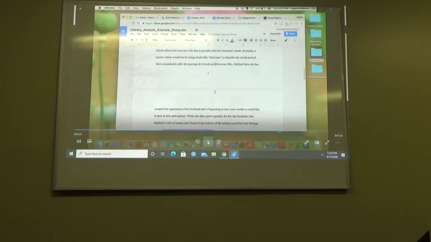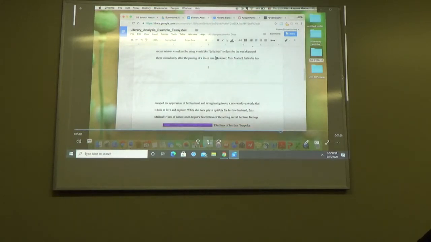Okay, and then she goes on to say that the reason she does this is because she is escaping oppression of her husband. Okay, so in this body paragraph, she ends with a concluding sentence that restates the main idea of this paragraph, which is the true feelings that she has of nature, okay, through the setting.